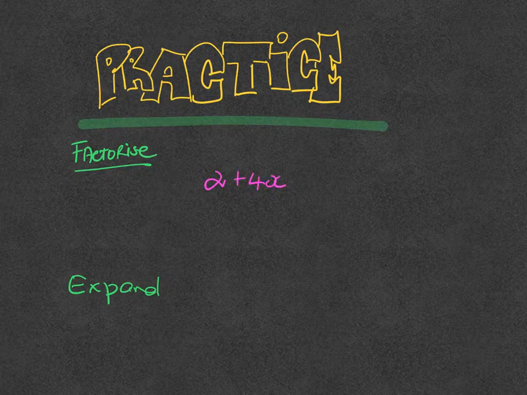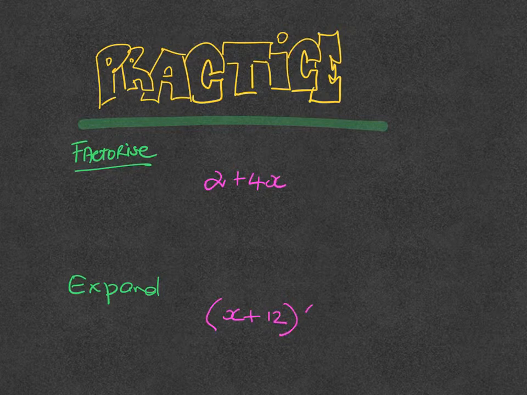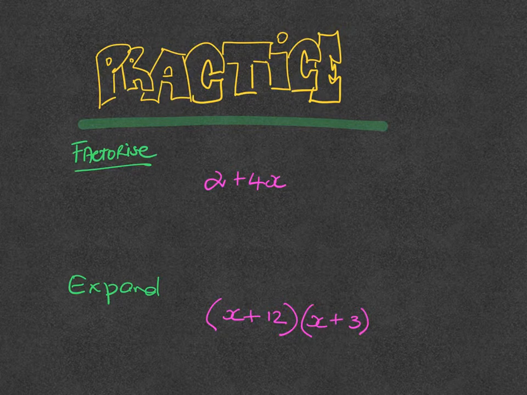So find the number that factorizes both 2 and 4, okay, and find the product. And with the expand one, if you could do open brackets x plus 12, close brackets, open brackets x plus 3. All right, have a go at those.